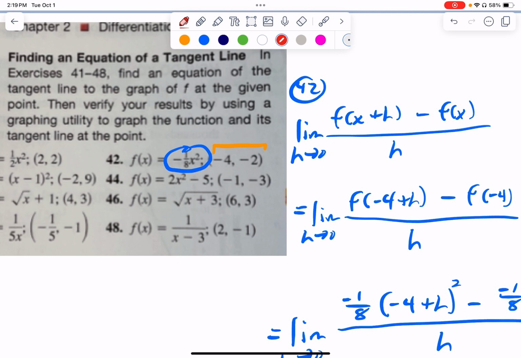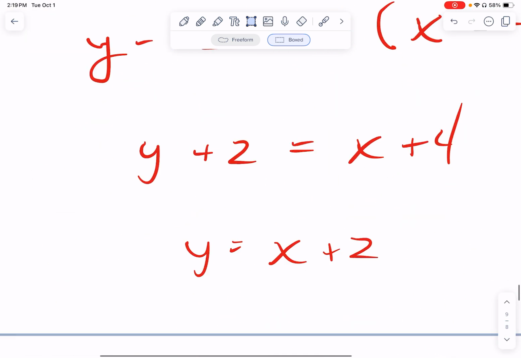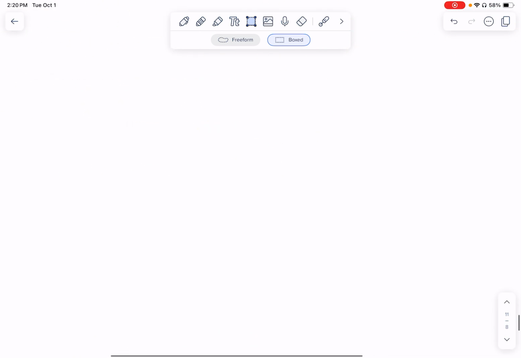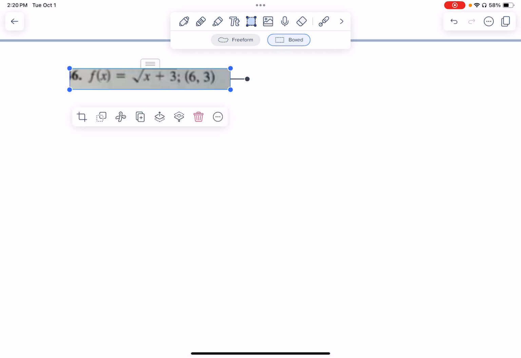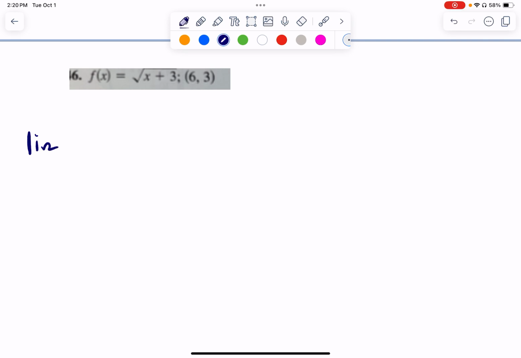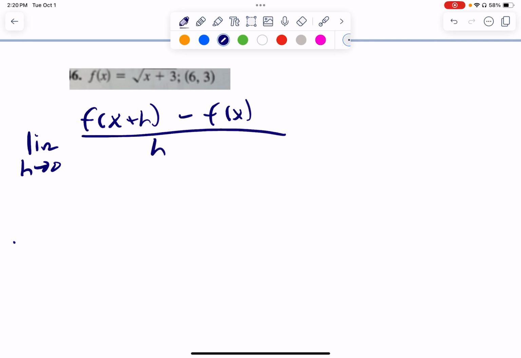Number 44 is another one with a radical. Okay, so to find the slope, limit as h goes to 0 of f of x plus h minus f of x all over h.